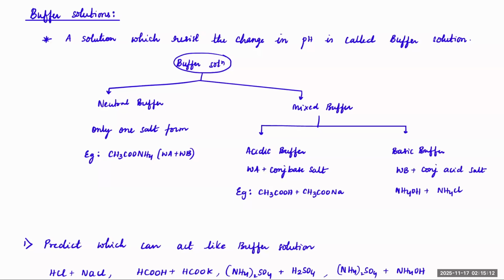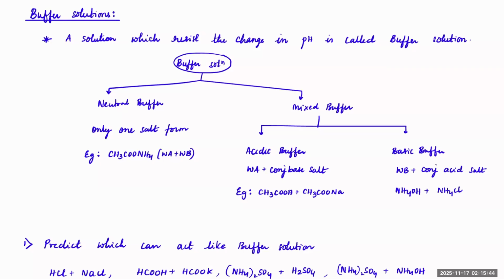Let's start discussing buffer solutions now. See, a solution which resists the change in pH is called a buffer solution. That means if the pH of a particular solution is given, and by adding some amount of acid or base to that solution there is a drastic change in the pH, that means it is a normal solution, maybe an acidic, basic, or some salt solution.